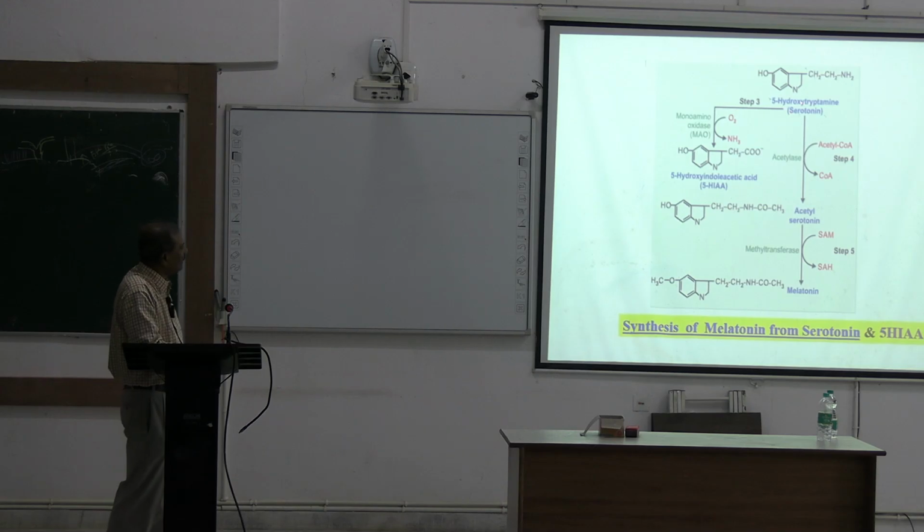Now, from 5-hydroxytryptamine, that is serotonin, an excretory product can be formed, that is called 5-hydroxyindole acetic acid, or it can go further down to produce melatonin. S-adenosyl methionine, I told you and I will tell you again in a short while, is the active form of methionine, and it takes part in this reaction and transfers the methyl group, and then N-acetyl serotonin is converted into melatonin.